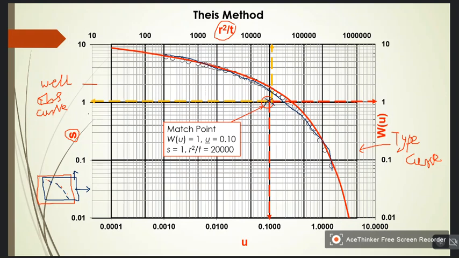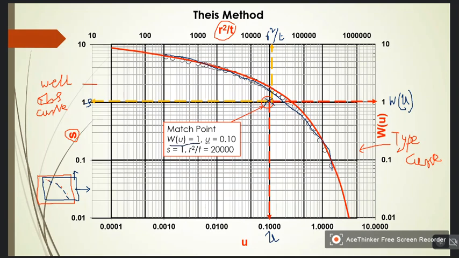And note the corresponding values of S and R square by T, and also the corresponding values of U and W(U). So the match point coordinates are given here.